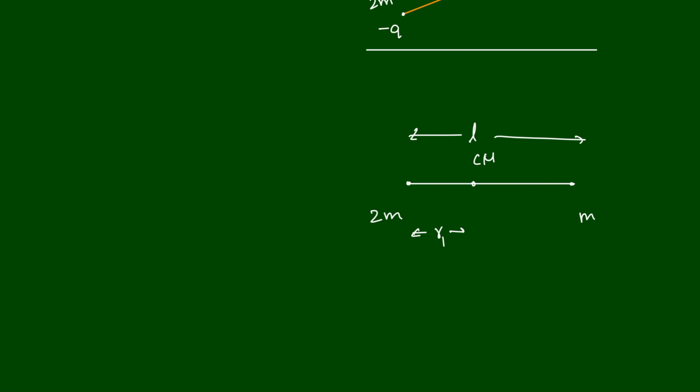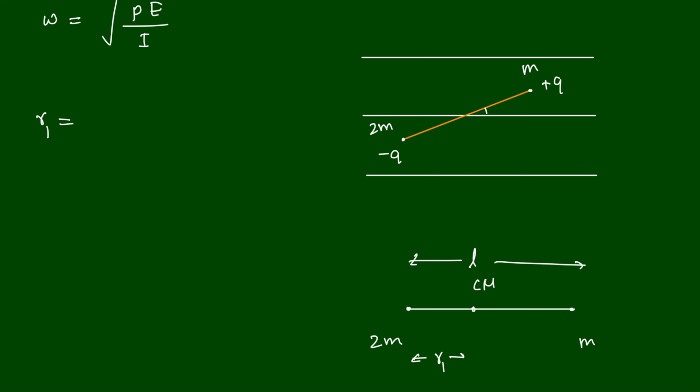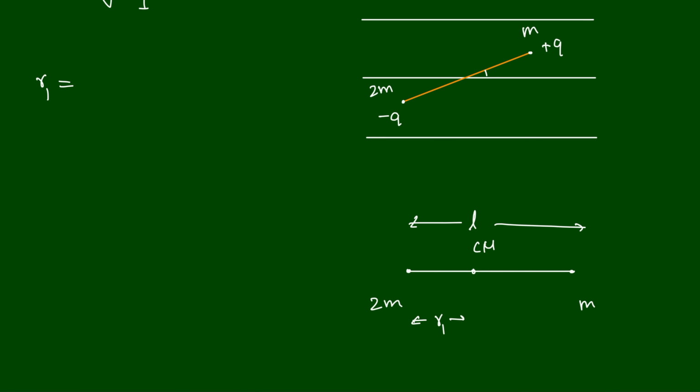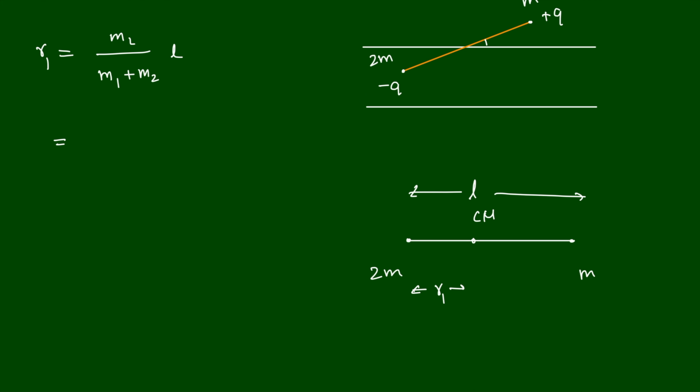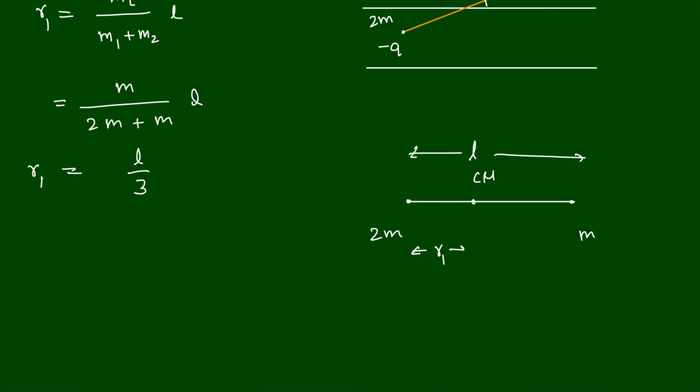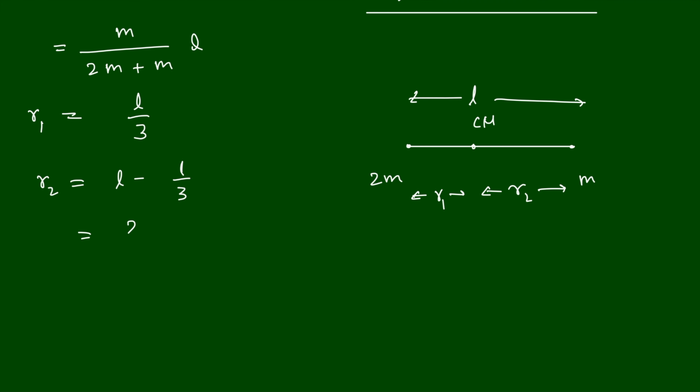R1 is equal to m2 by m1 plus m2 into L, where m2 is small m and m1 is 2m, so m1 plus m2 is 3m, into L. That will give you L by 3. So R1 is L by 3. R2 you can calculate: R2 is equal to L minus L by 3, that is 2L by 3.